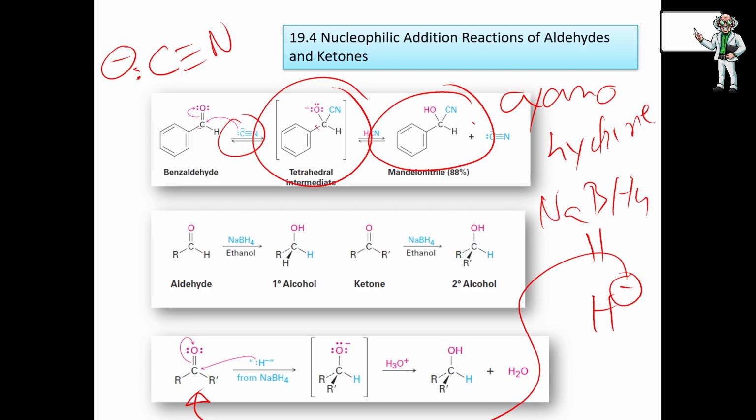When we form the hydrogen-carbon bond, the pair of electrons that form the carbon-oxygen bond go to the oxygen in order to avoid breaking the octet, and then we protonate to generate the final alcohol. Okay? It's easy, it works with ketones and with aldehydes. Normally aldehydes are by far more reactive than ketones. And that's all for this chapter.